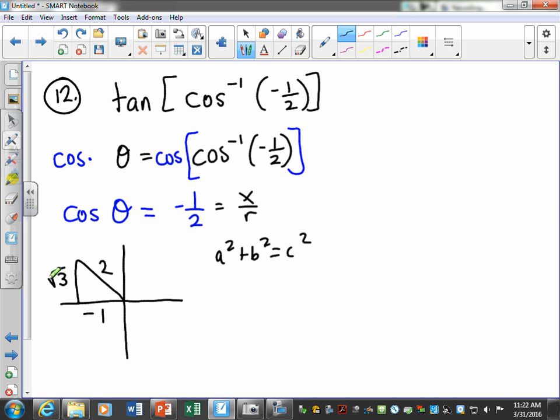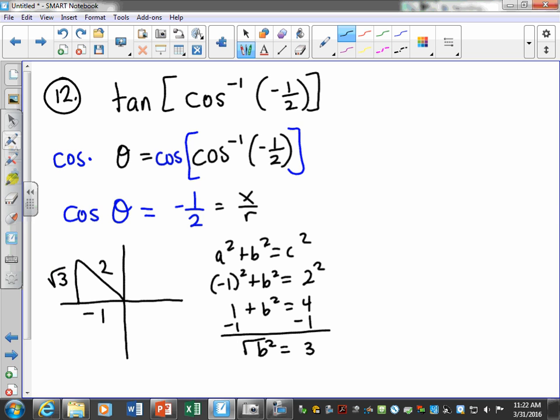Just so that you see it, you have negative 1 squared plus or minus the square root of 3, and of course that one's a positive square root of 3.